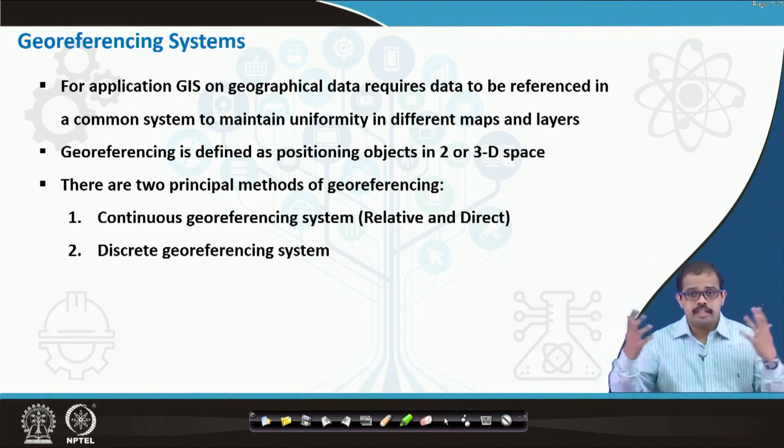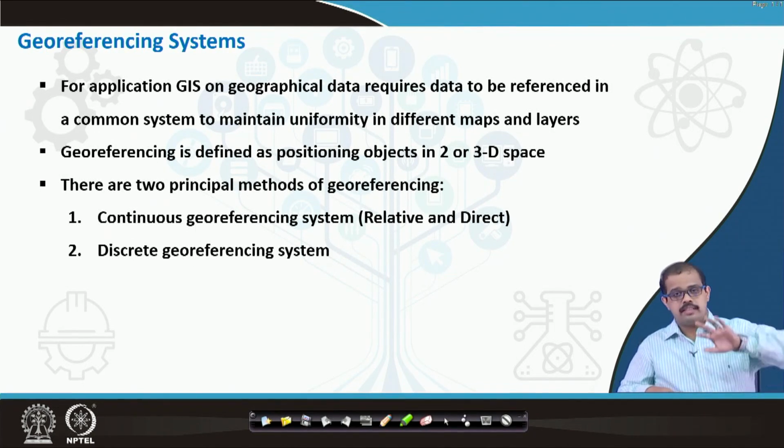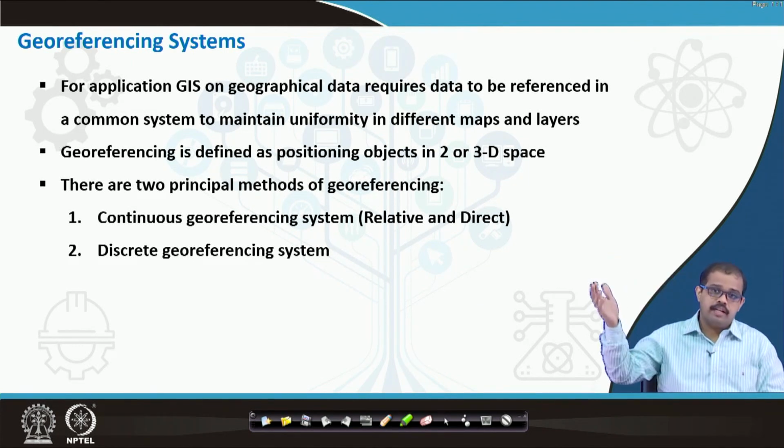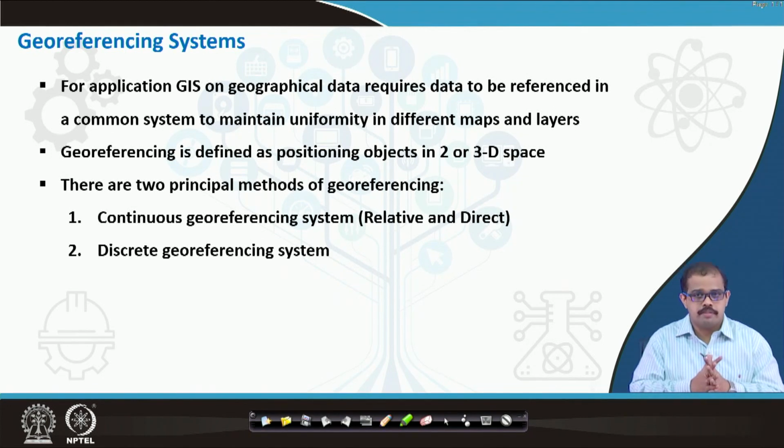Now if all three of these maps have to be compared, they have to be in the same referencing system. Otherwise one map sits somewhere on the earth's surface, whereas another map may sit somewhere else. So comparative analysis of all these three maps would not be possible. If it has to be possible, they have to be in the same georeference style.